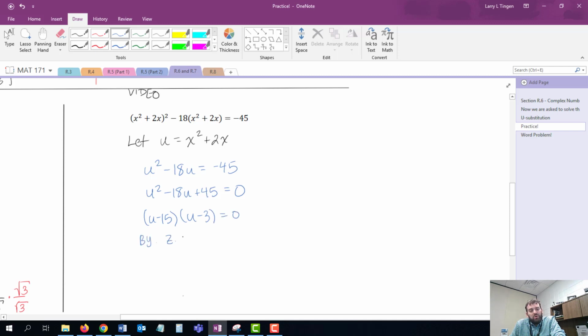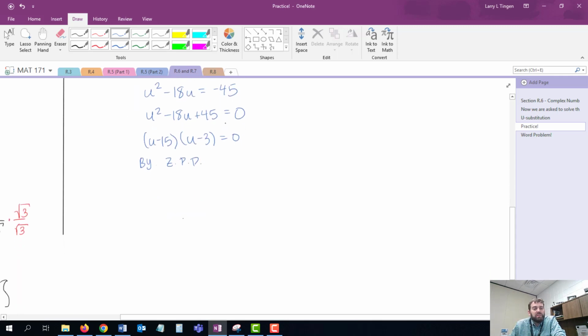By the zero product principle, we now see two things multiply to 0. One of them is 0. U minus 15 is 0, or u minus 3 is 0, which means u is 15, or u is 3. However, we have to resub, right? This problem did not start in the variable u.